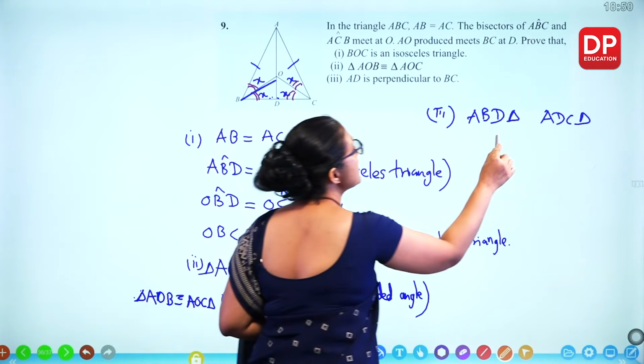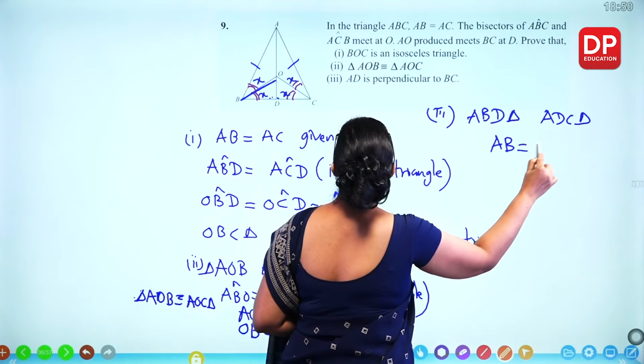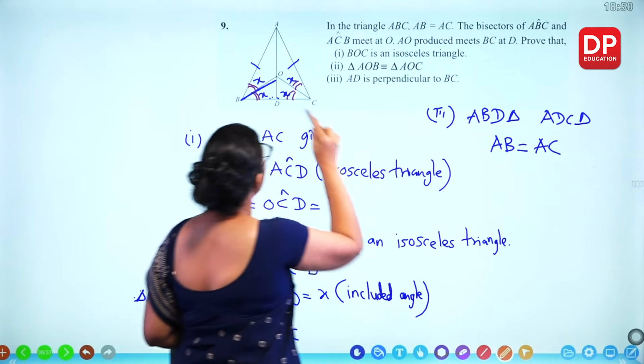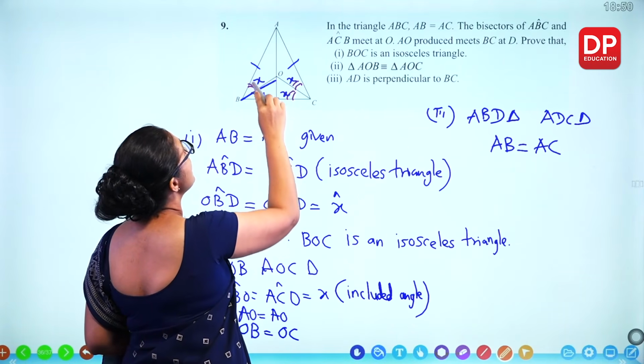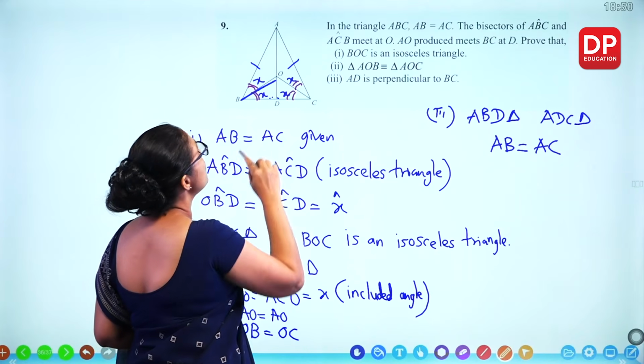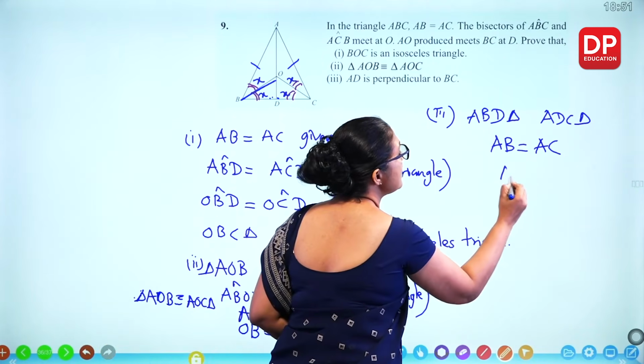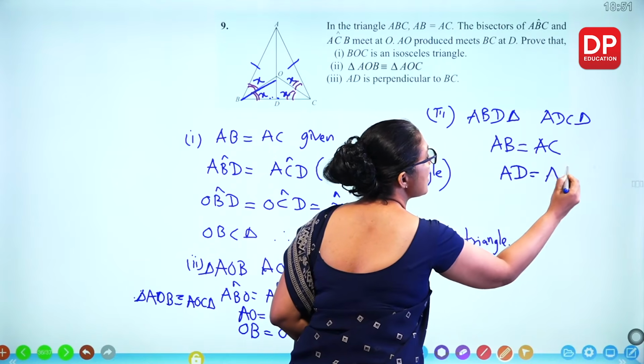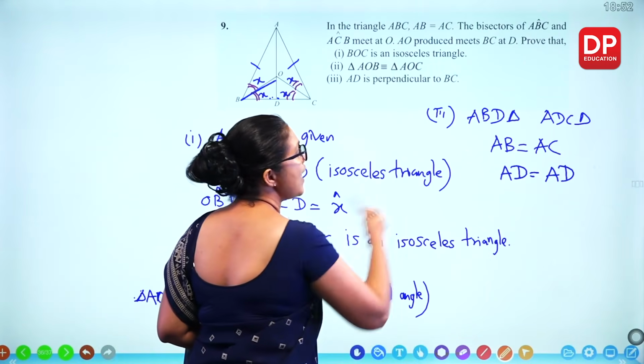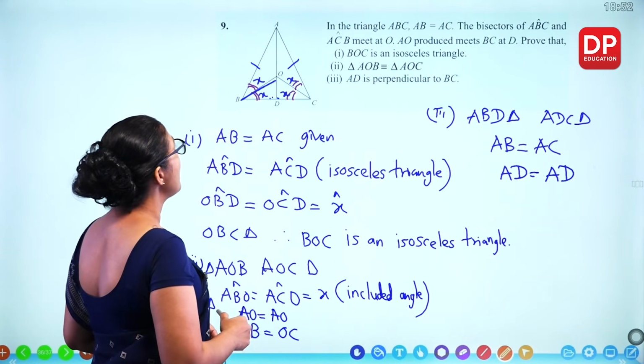Here we can say AB length is equal to AC. And what else? We know that this angle is equal to this angle. And also AD is a common side. Here now we need an angle.